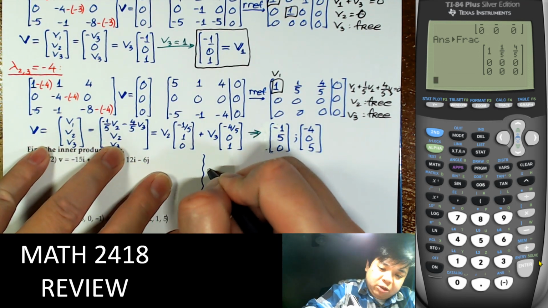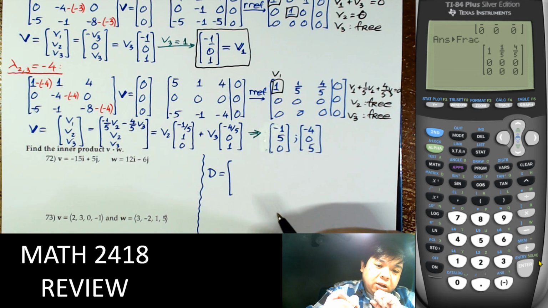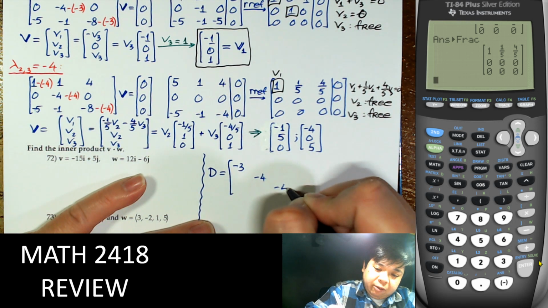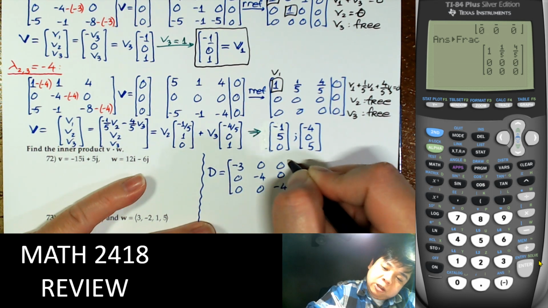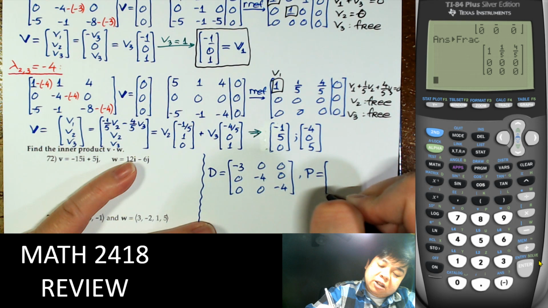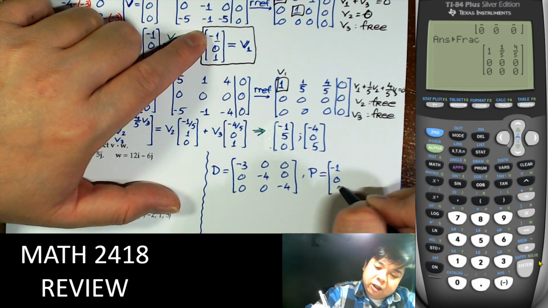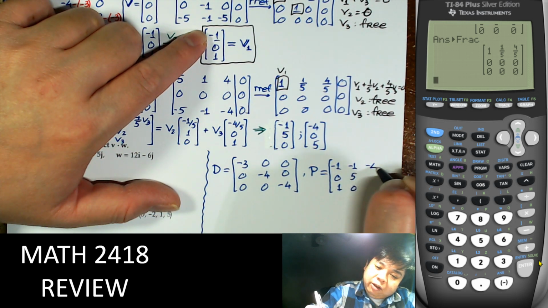We have the matrix D will be the diagonal matrix of the eigenvalues negative 3, negative 4, and negative 4. And P is the eigenvectors corresponding to this. So V1 is negative 1, 0, and 1. The other ones are negative 1, 5, 0, and negative 4, 0, and 5.